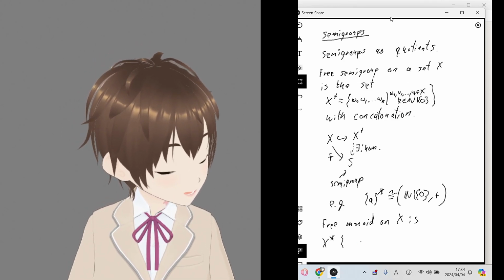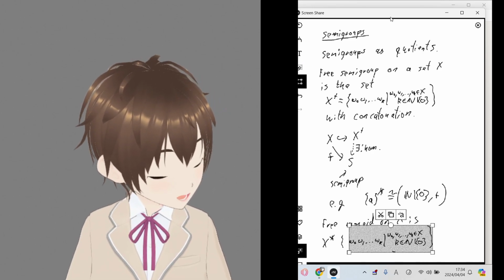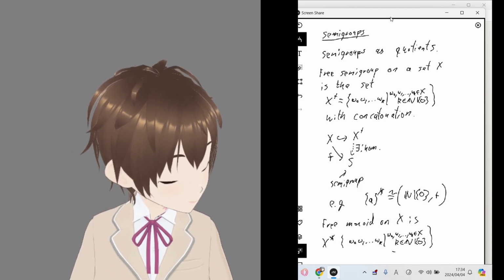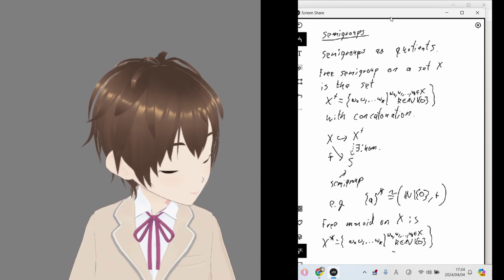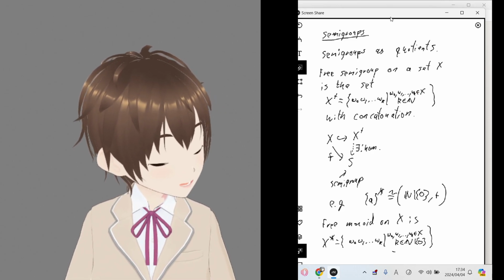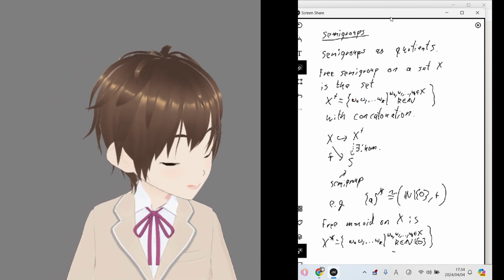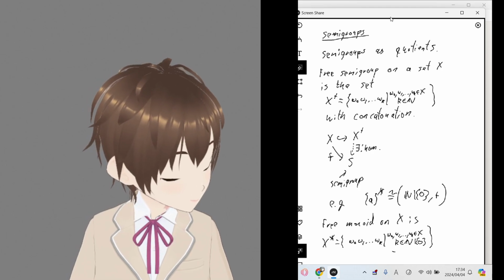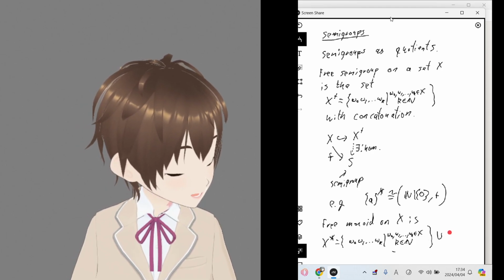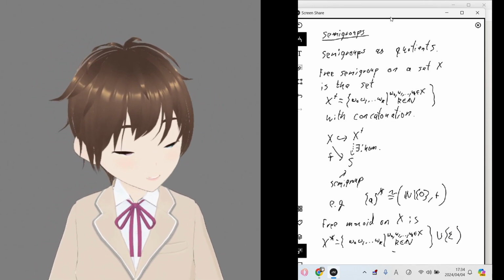I can just copy this definition, put it there, and I can remove the requirement. I guess the way I wrote this thing would be allowed to be 0 because the word of length 1 is like w0 in it. So this is also this, but I now also have this thing, this epsilon, which denotes the empty word.